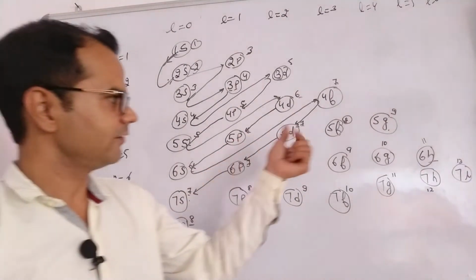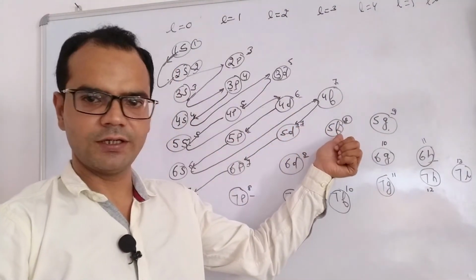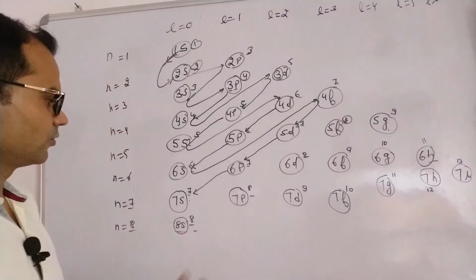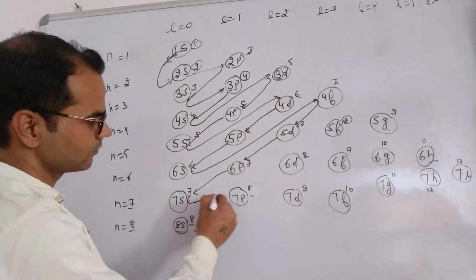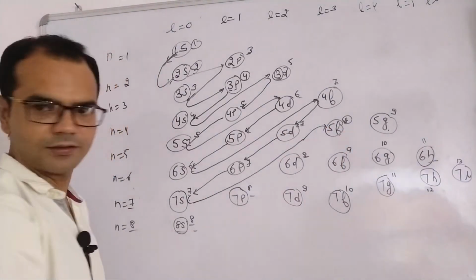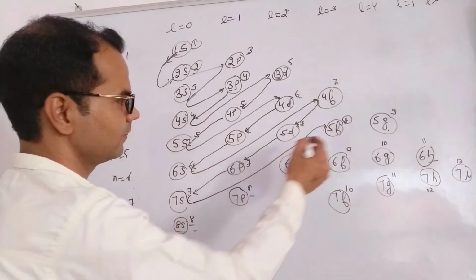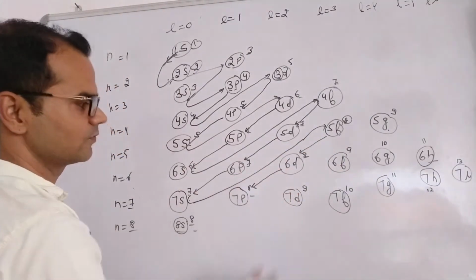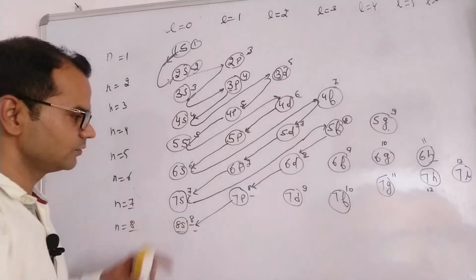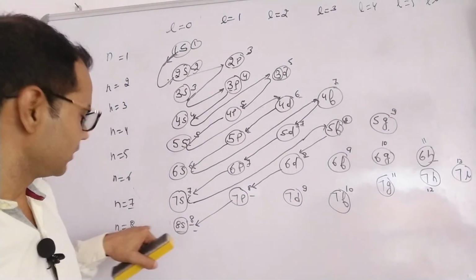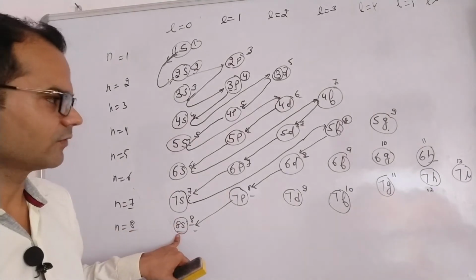So definitely again we can see n is smaller here: 5, next 6, next 7 and next 8. So from 7s electron will fill in 5f orbital. After filling 5f orbital we will move to 6d and from 6d to 7p and then we will come to the 8th period, that is 8s.